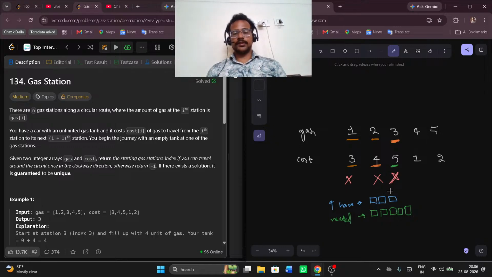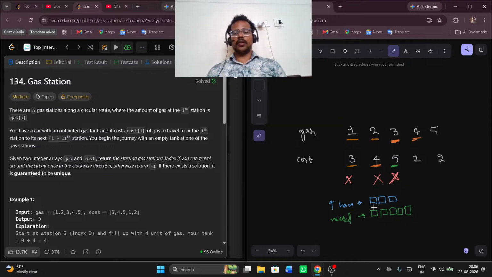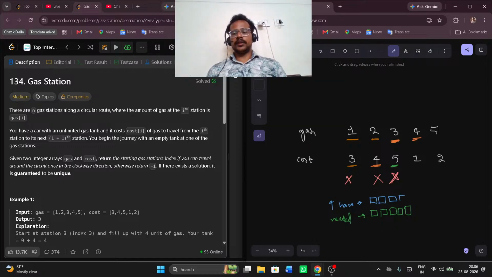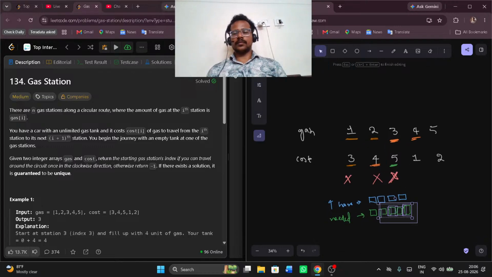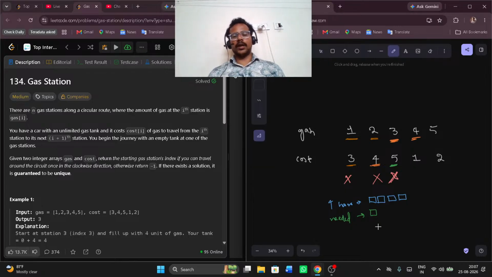Now it is a circular route, so I'll check this station with 4. Now I have 4, and what I need is 1.